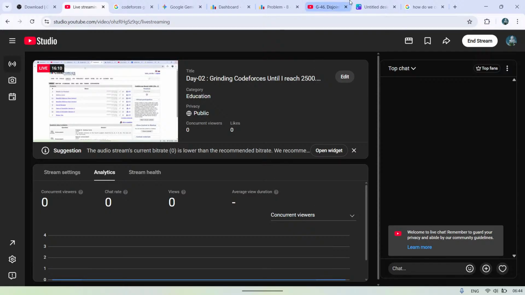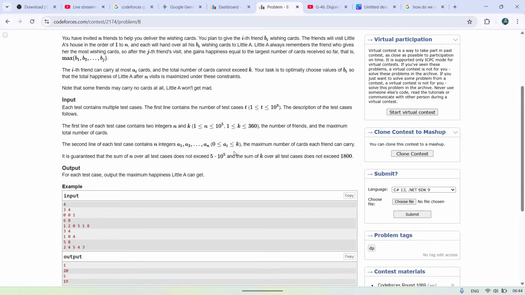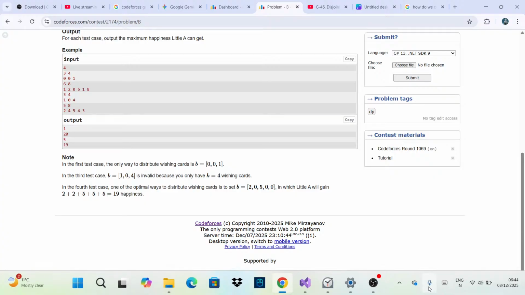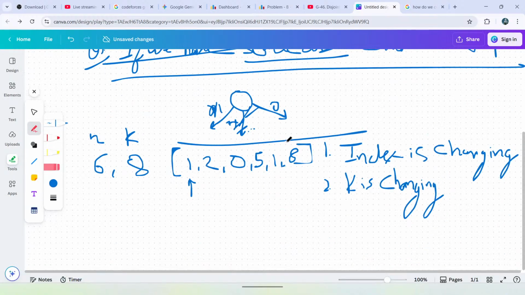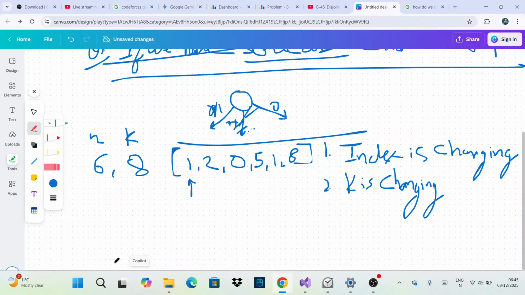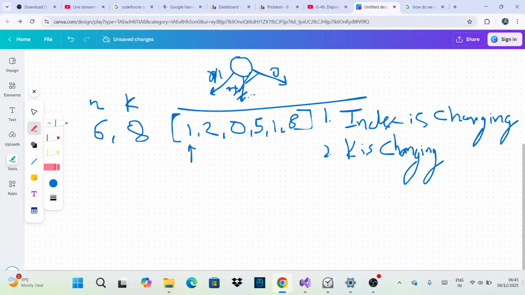I don't see any comments right now, but okay. So what can be the approach? How can I approach this problem? Is there some solution that is coming in?